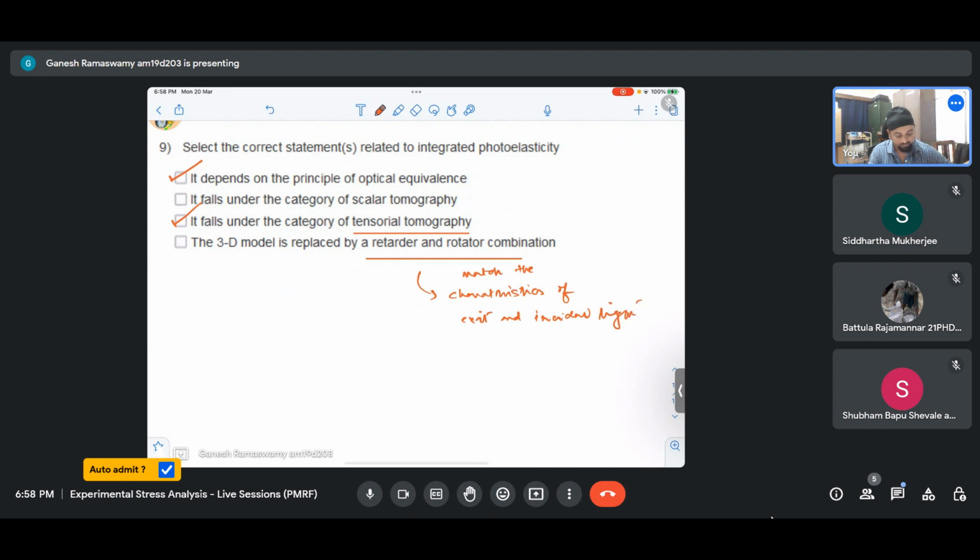So this will be done by first assuming a stress variation along the light path.